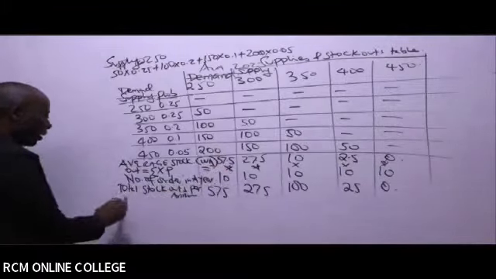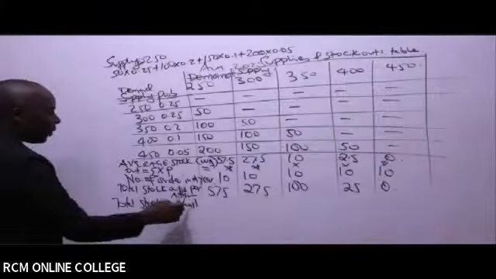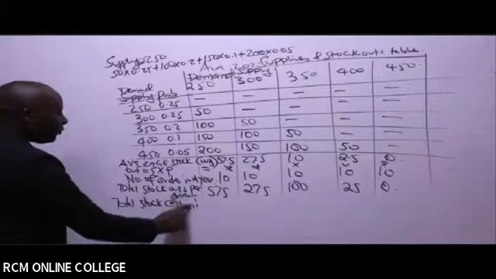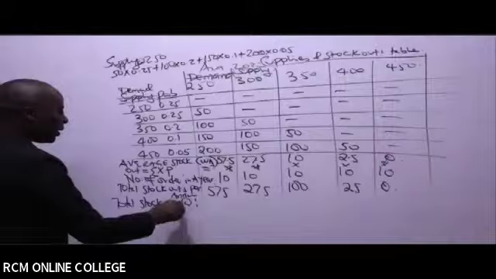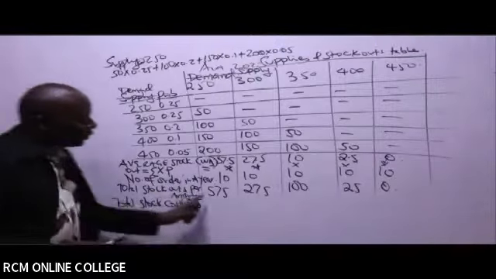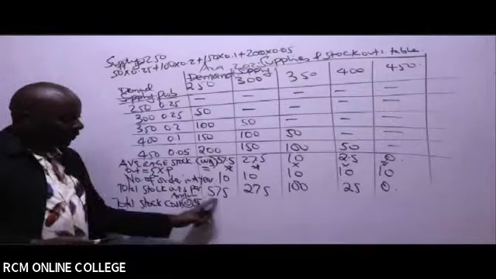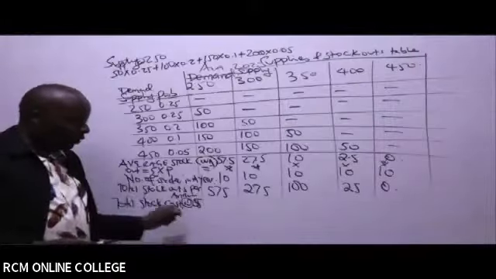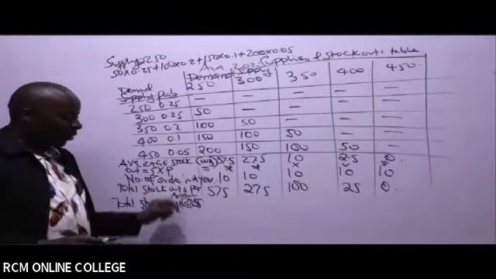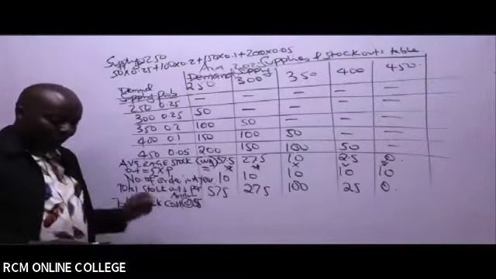Give me the total stock out cost at 55 per unit. So now this 575, you say 575 times 55, because for every person you disappoint, the company loses 55.